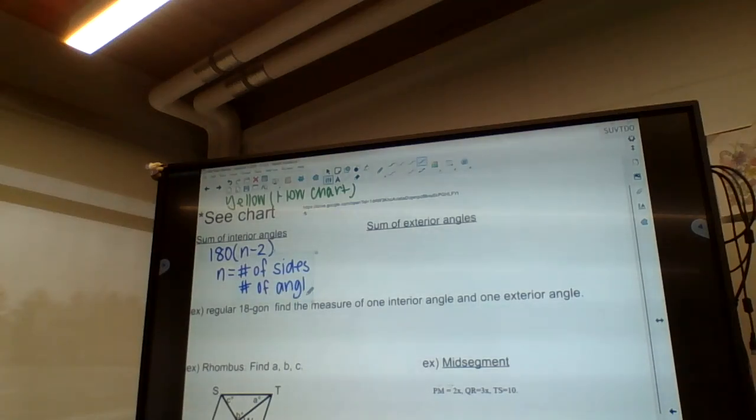The number of sides and angles are the same thing. So if I want to know the sum of the interior angles, what all the angles add up to, we use that formula. Now the sum of the exterior angles should be easy. It's actually not a formula. It's just going to equal what always? 360. 360, thank you. So this will always equal 360 regardless of the number of sides.